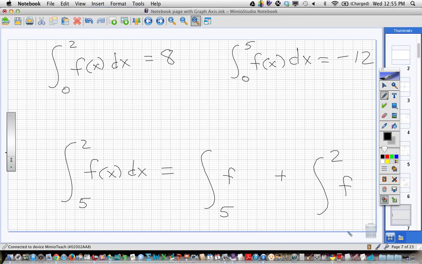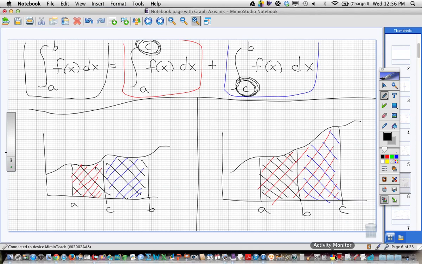So I have my a and my b, and then here goes the c. Well, what number would I pick for that? 0, because in both of my integrals up here I have 0. Now 0 is not between 2 and 5, but remember, it doesn't matter. So if I want the integral from 5 to 2, I can go from 5 to 0 plus 0 to 2. And that looks just like this formula here.